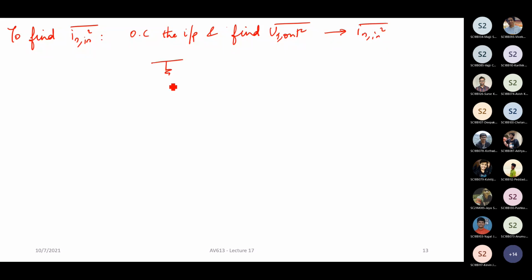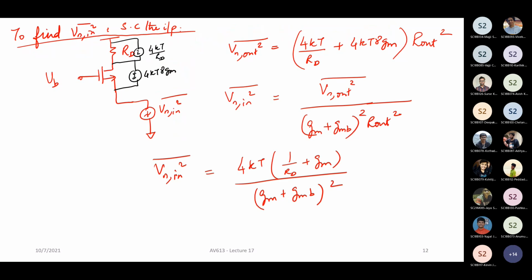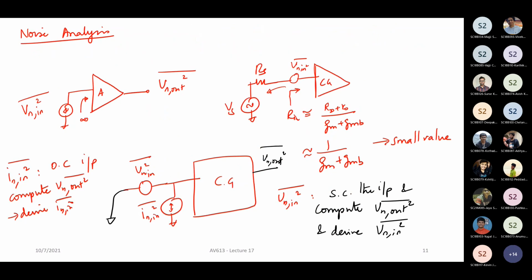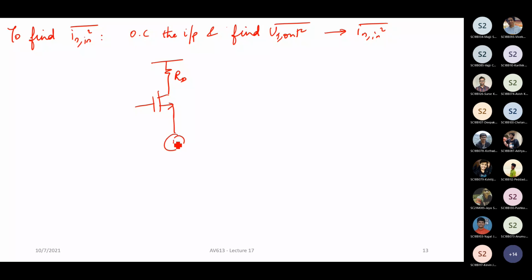So let's take the same example. Now here what we are doing is we are just open circuiting it. When you say open circuit, you only have the noise current source at the input. So you have In in squared bar. Let's say this is VB.